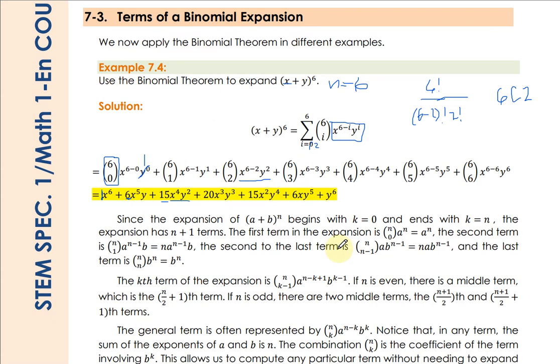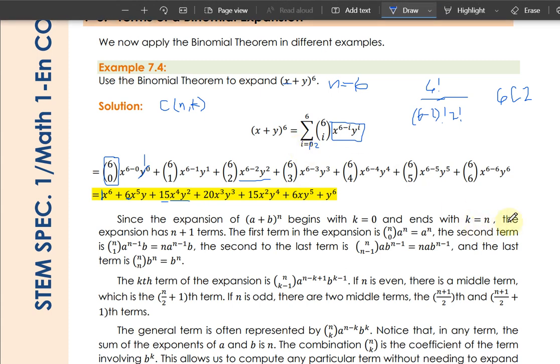So since the expansion of a plus b to the n begins with k equal to 0, or i, and ends with k equal to n, right? Because for combination, k and n are the ones used. That's why k is used there. But in our summation, in our sigma notation, we use i for the iteration.